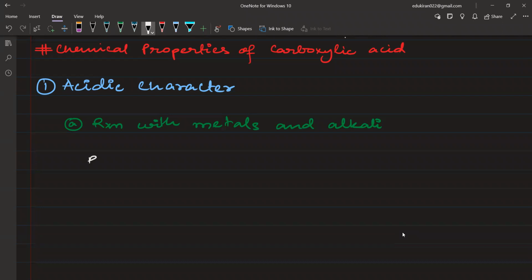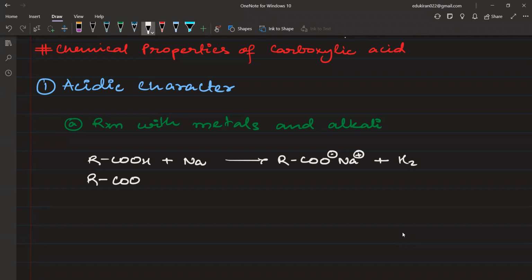Now, if you have carboxylic acid and you treat it with sodium metal, which is an active metal, you'll get carboxylate ion and Na positive. So this is the sodium salt of carboxylic acid, or sodium carboxylate, and there will be liberation of hydrogen gas. And if you have carboxylic acid with NaOH, sodium hydroxide, then again you will get RCOO negative and Na positive, the salt, plus water as the byproduct.